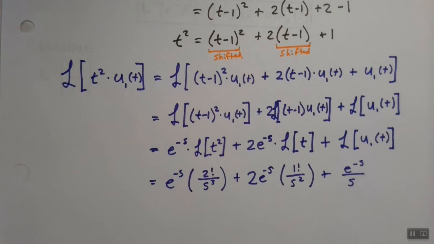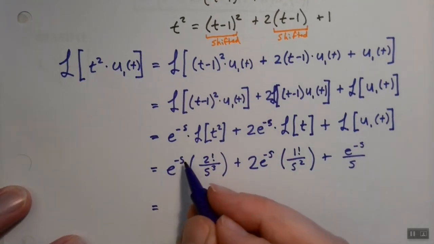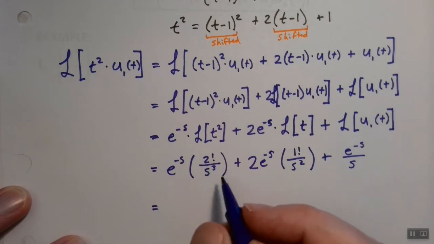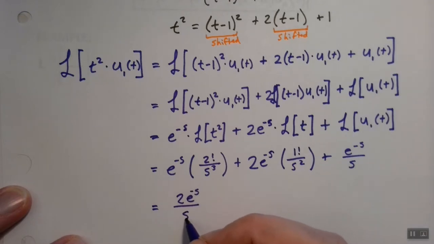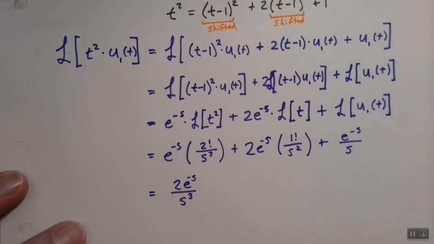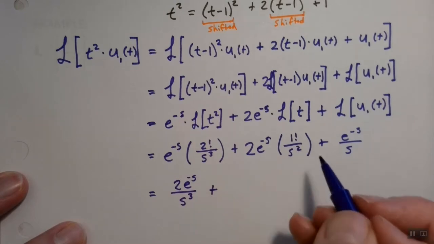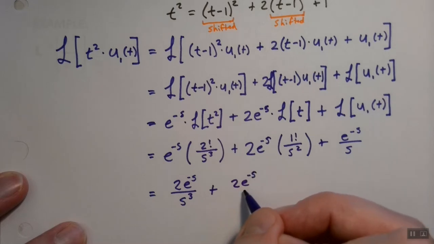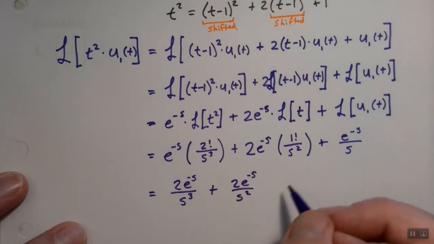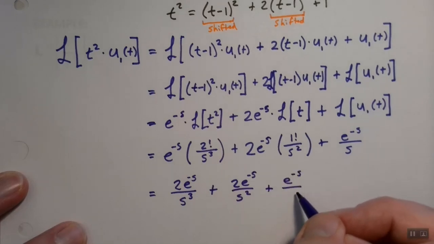And so we can simplify this down a little bit. 2 factorial is 2, so this is 2e to the negative s over s cubed, plus 2 times 1 factorial is 1, so this is going to be 2e to the negative s over s squared, plus e to the negative s over s.